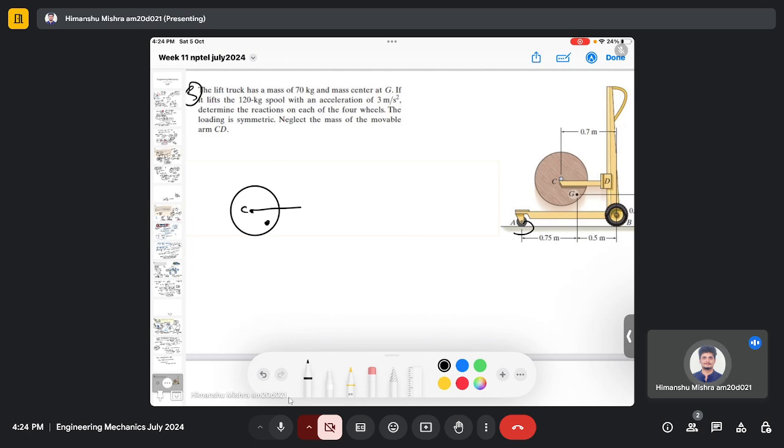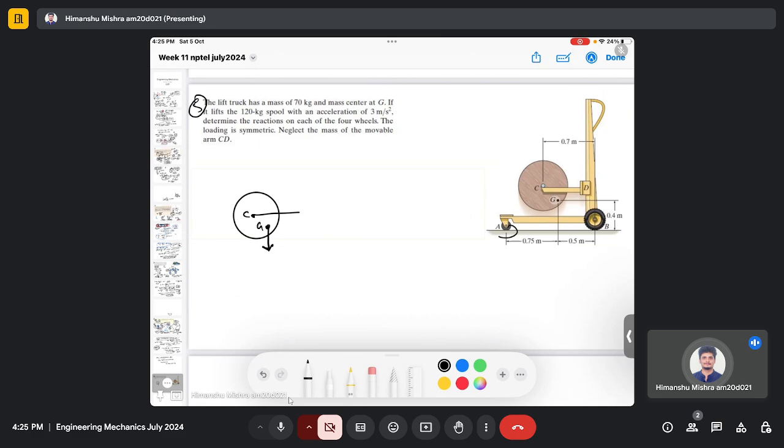We will not direct the weight of this spool from point C, but the weight is from the center of gravity G. So this is the center of gravity of the lift truck. The weight of the overall lift truck is from point G, whereas the weight from this spool is from here, point C. So this is 70 multiplied by 9.81 and this is 120 multiplied by 9.81.